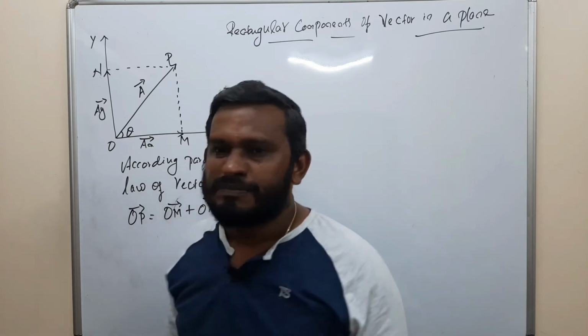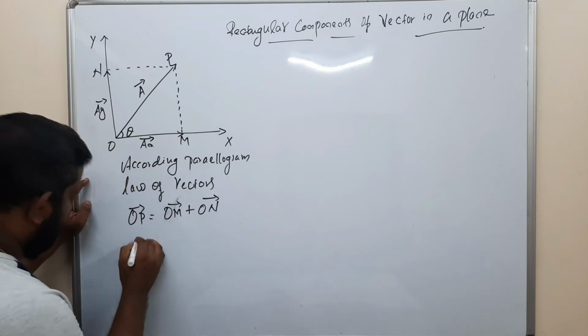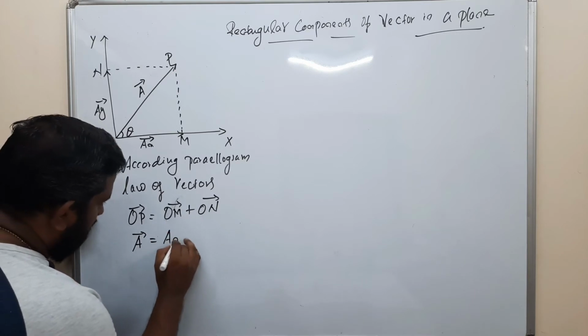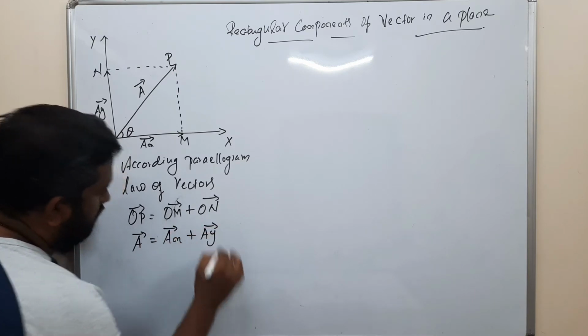Am I right? So what is OP vector? That is A vector. So A vector is equal to AX vector plus AY vector.